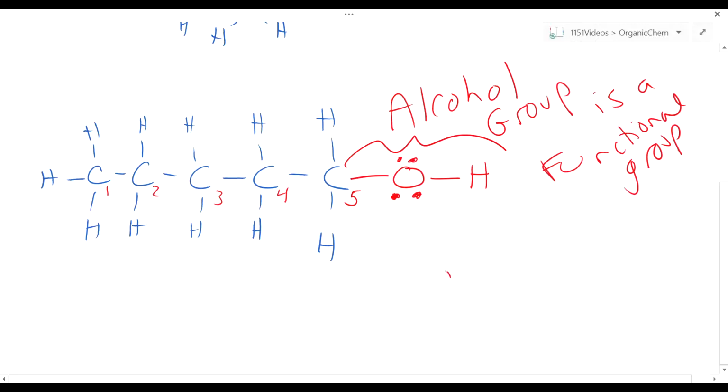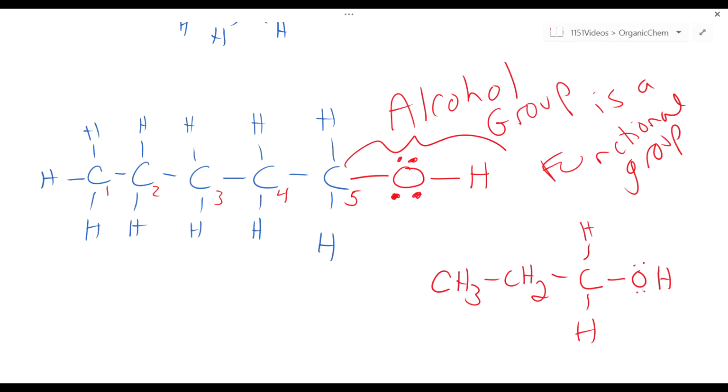If I just had the alcohol functional group, we'll draw the condensed form for 3 carbons. So I'll draw these hydrogens out. If I just have this condensed with my lone pairs, that would still have the same properties as the first one I drew. It just might differ a little bit.